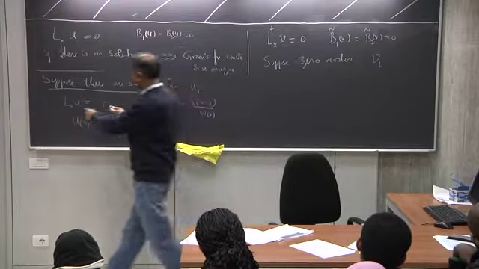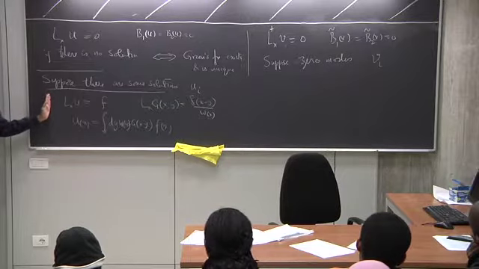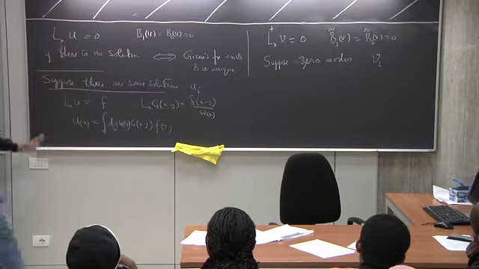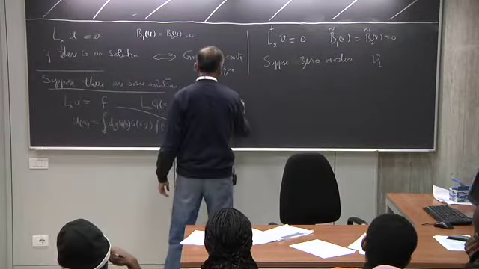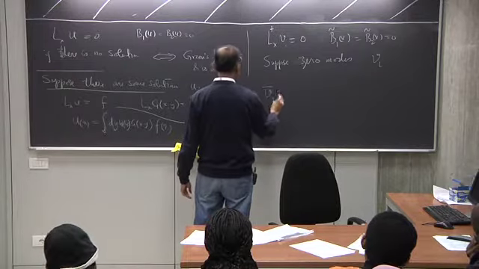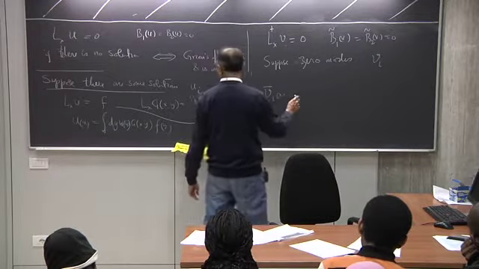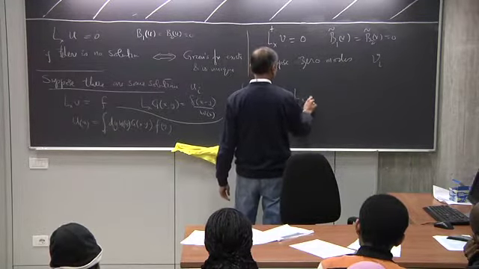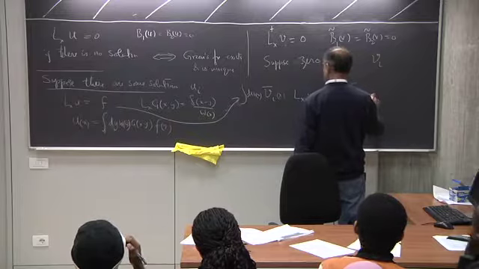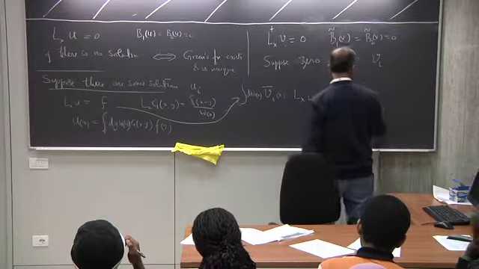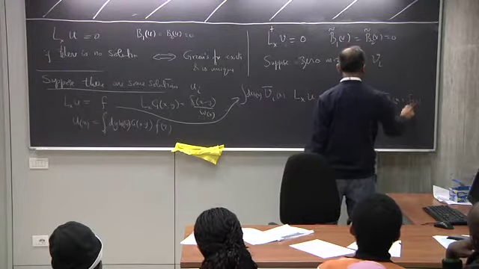Then let us consider this equation and let us take the scalar product of both sides with vi. So from here I just apply the scalar product: integral dx w(x) vi bar(x) Lx u, and on the right hand side you will get the integral dx w(x) vi bar(x) f(x), right?